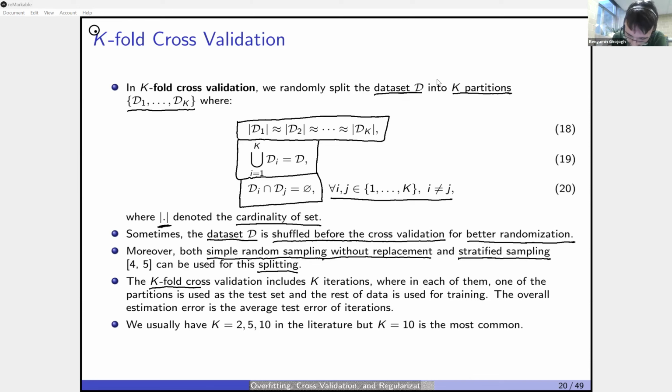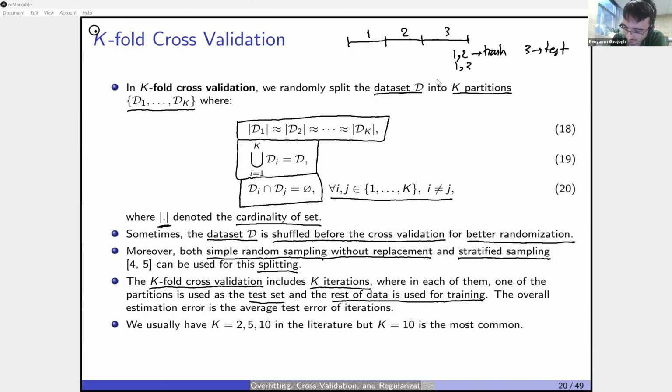So k-fold cross-validation includes k iterations, where in each of them, one of the partitions is used as the test set, and the rest of the data is used for training. For example, assume k is 3. Okay, so 1, 2, 3. Once I take 1 and 2 for train and 3 for test.